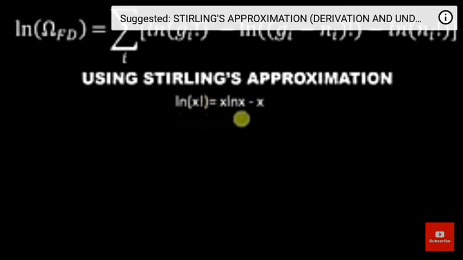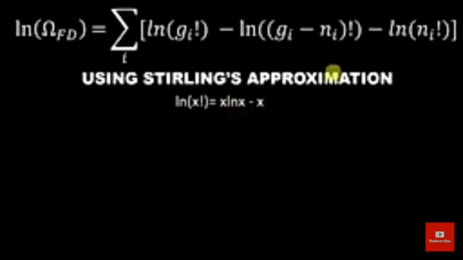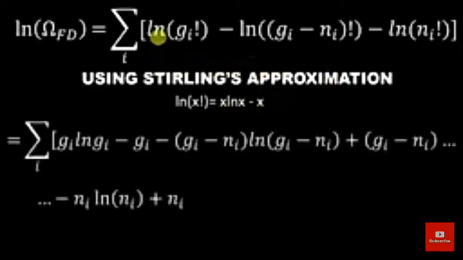Now in this we will apply the Stirling approximation. Stirling approximation says log of x factorial is equal to x log of x minus x. So log of gi factorial becomes gi log of gi minus gi, minus log of (gi minus ni) factorial. So it becomes minus, in brackets, (gi minus ni) log of (gi minus ni) plus (gi minus ni), because it's minus minus, so plus.